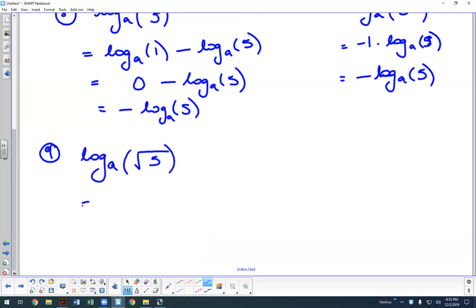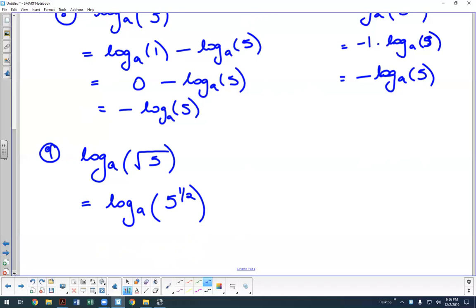So how do I rewrite that square root of 5? One of the examples we just did a little while ago had 3 to the power of 1/2, which became square root of 3. That's something you need to remember, okay? Rewriting radicals as exponentials is something you should really be comfortable with.